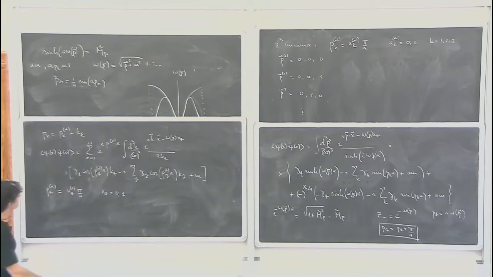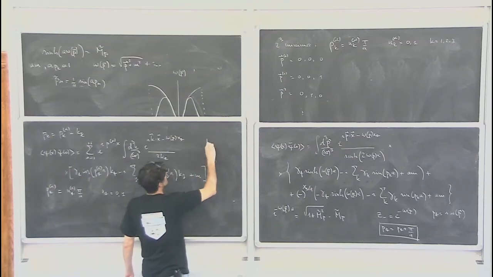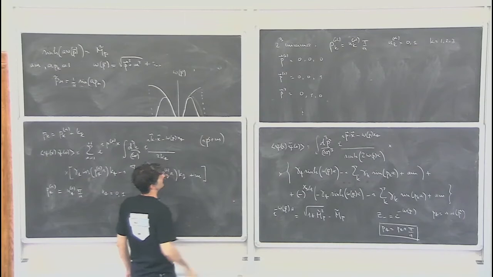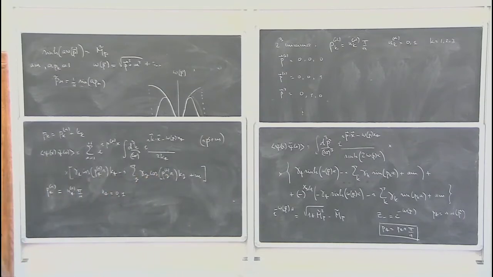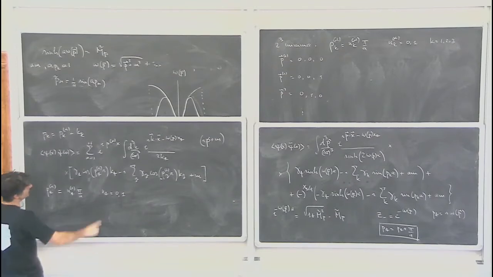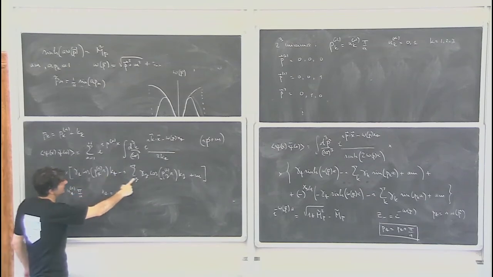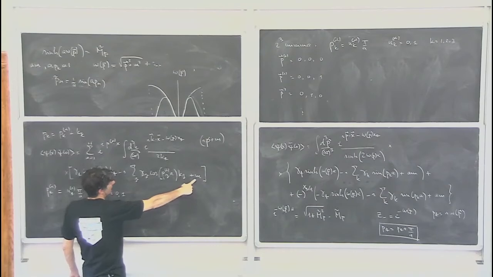Remember, we want to compare this to i p-slash plus m, which appeared in the spectral decomposition of the two-point function that I wrote at the very beginning. So you see, we're almost there: there's a gamma 4, there's a k4, there's a gamma j, there's a k j, there is an m.